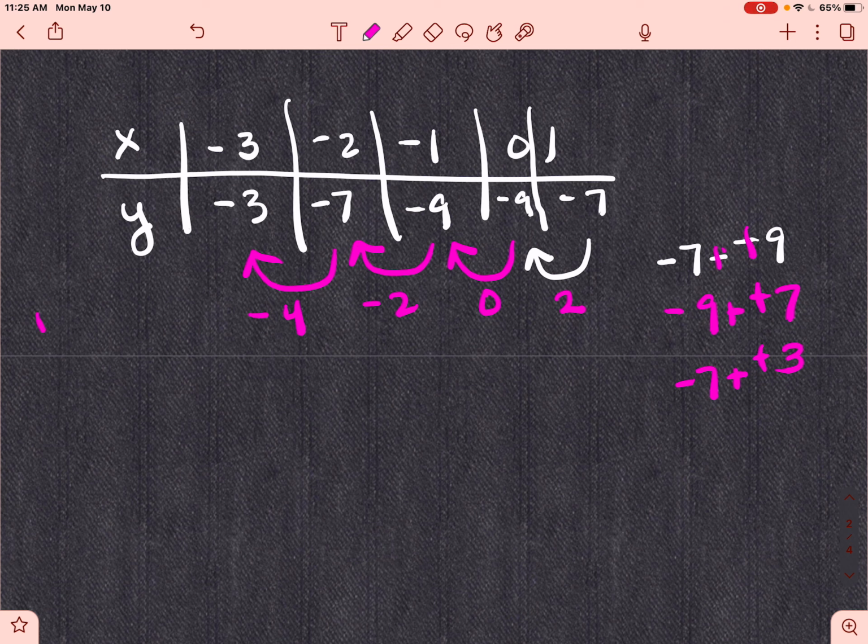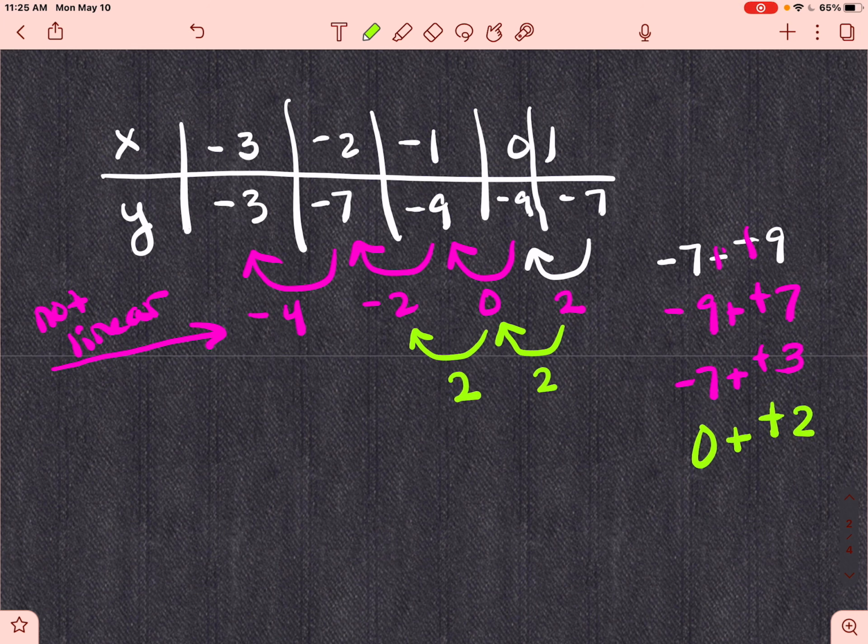So it's not linear because we didn't get a constant number on the first subtraction. So we're going to switch and do a second subtraction. 2 minus 0 is 2. 0 minus a -2, watch out for these negatives, is a +2. And -2 minus -4 is going to give me a +2 also.